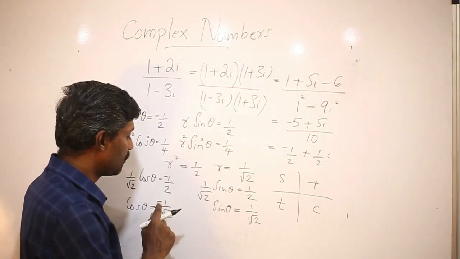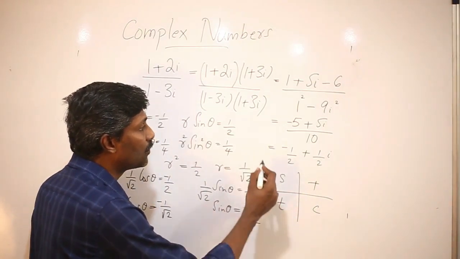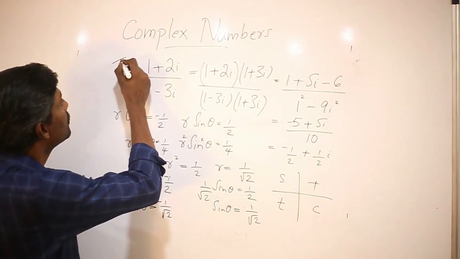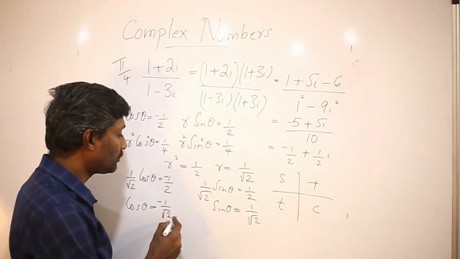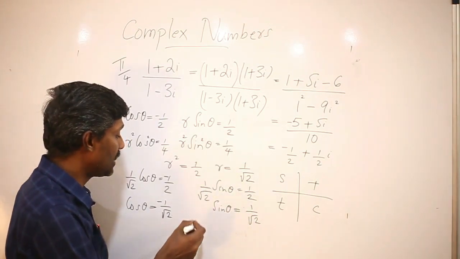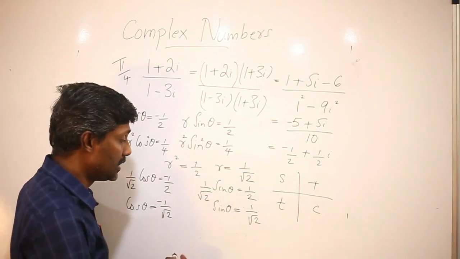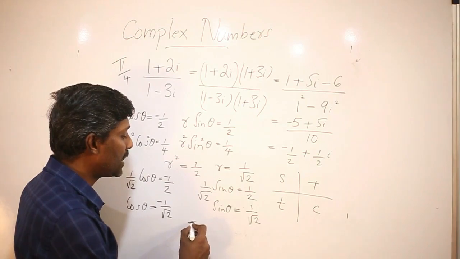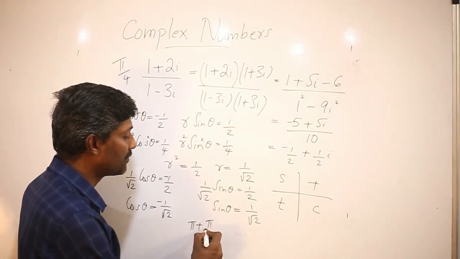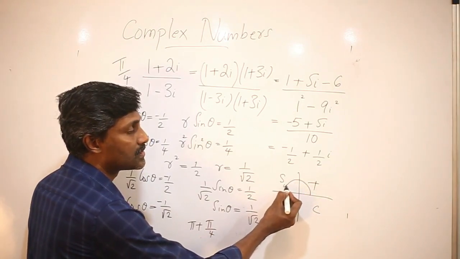Okay. So for 1 by root 2, we already know the angle is pi by 4. And we identified that the angle lies in the second quadrant because cos is negative, sin is positive. Okay, so our angle is measured in the anti-clockwise direction.